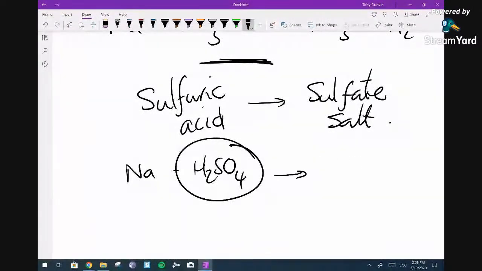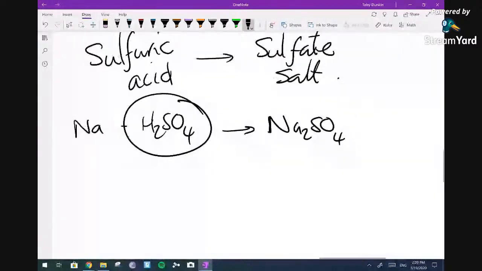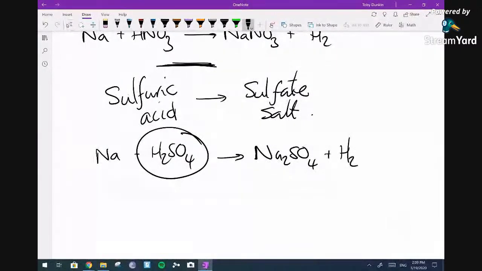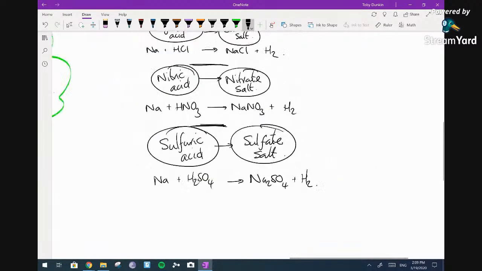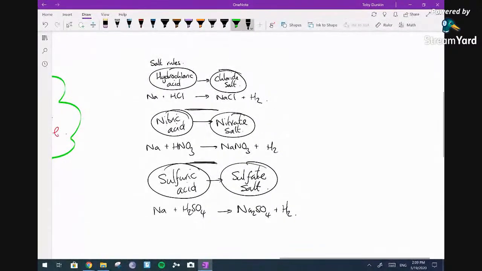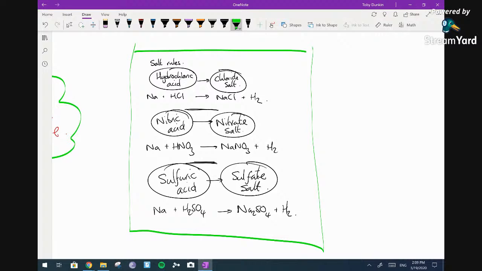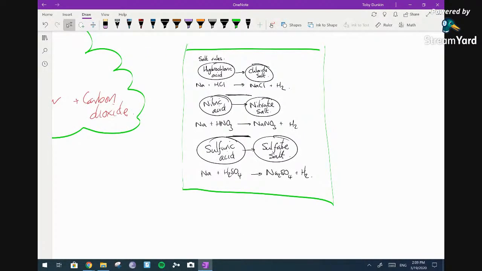And you notice I'm having to create formulae for the salt all the time. Plus hydrogen. So the sulfuric acid decides the salt. So those rules are so important. It's very easy for students to become very lax about those, and you do have to be aware of them.